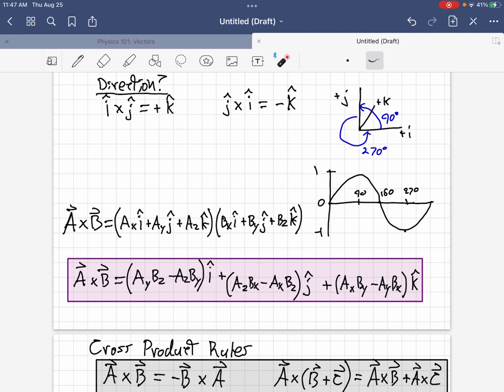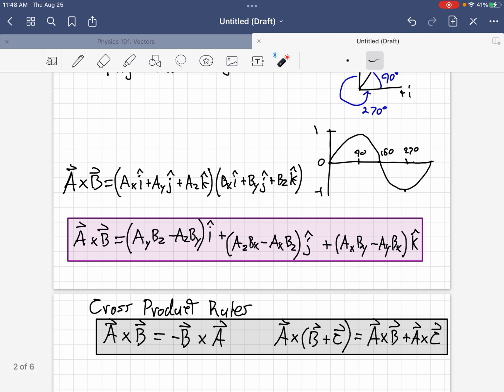But then if we did AYJ cross BXI, that'll be negative. So anyways, you could distribute all of these terms, and in the end, what you're going to get when you simplify is this. A cross B is equal to (AY times BZ minus AZ times BY) times unit vector I, and then (AZBX minus AXBZ) times J plus (AXBY minus AYBX) times unit vector K.